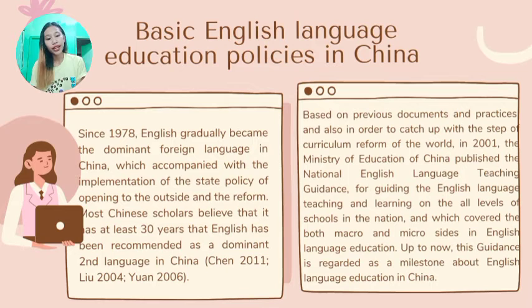Based on the previous documents and practices, and also in order to catch up with the new step of curriculum reform of the world, in 2001 the Ministry of Education of China published the National English Language Teaching Guidance for guiding English language teaching and learning at all levels of schools in the nation, which also covered both the macro and micro sides of English language education.